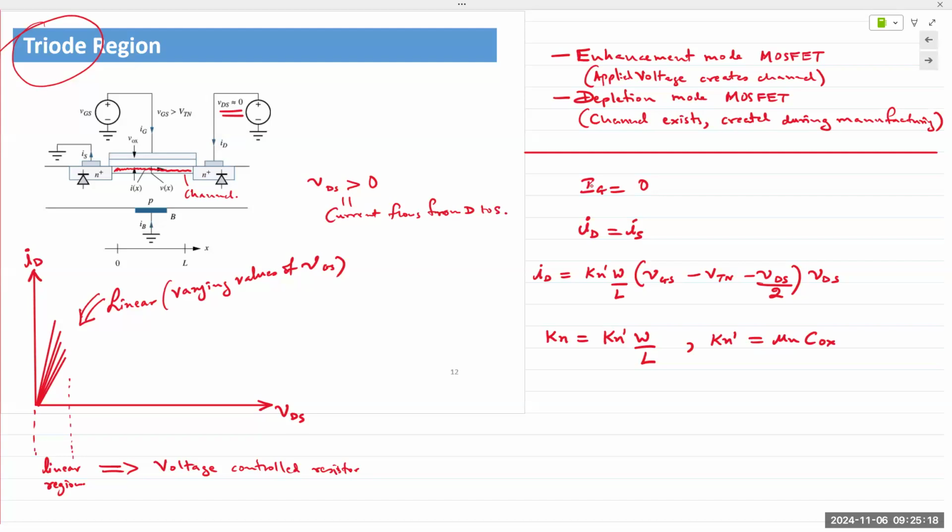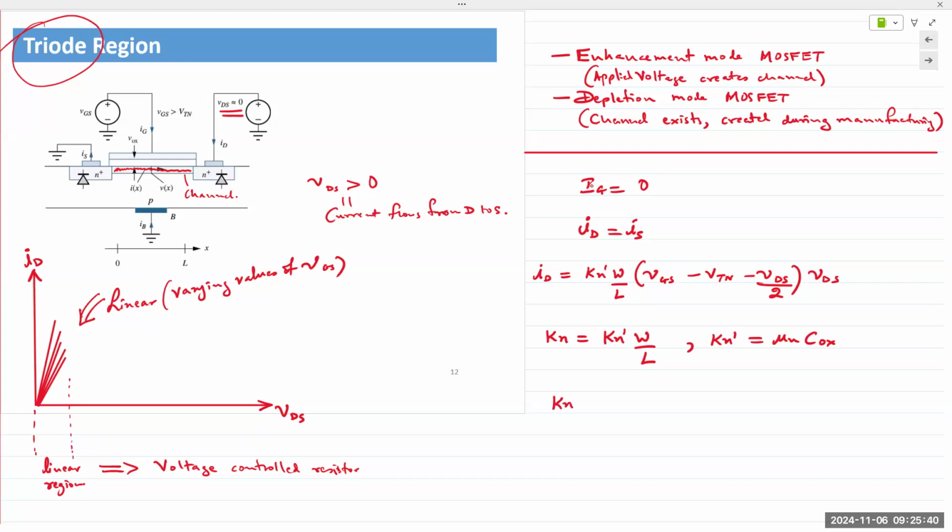Now, VGS and VDS are the applied voltages. VTN is the threshold voltage. Again, the threshold voltage is the voltage that is applied at the gate to invert the channel and create a pathway between the two N regions. So that also depends on the design and the manufacturing.